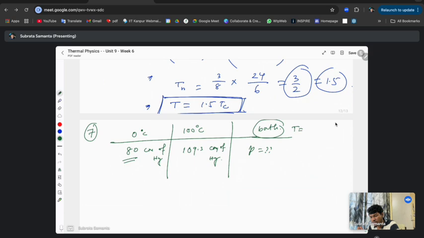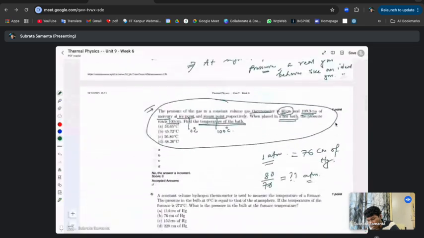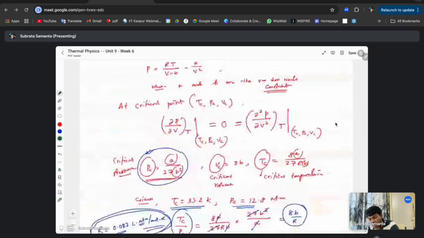Sorry, the pressure is given as 100 centimeter of mercury and you have to calculate the temperature of the bath. So it is the reverse one.